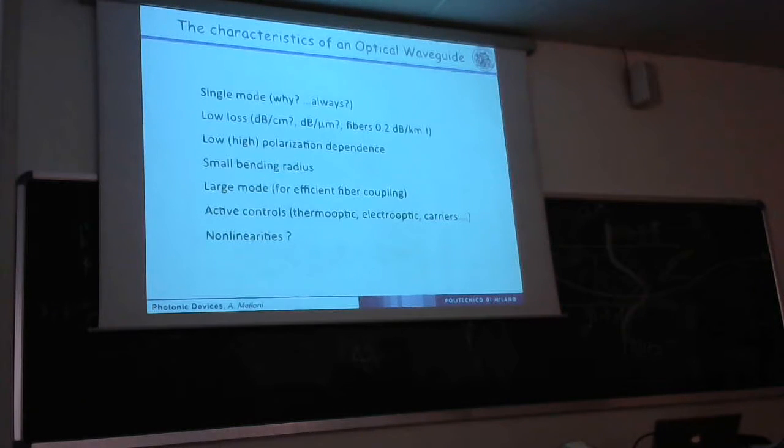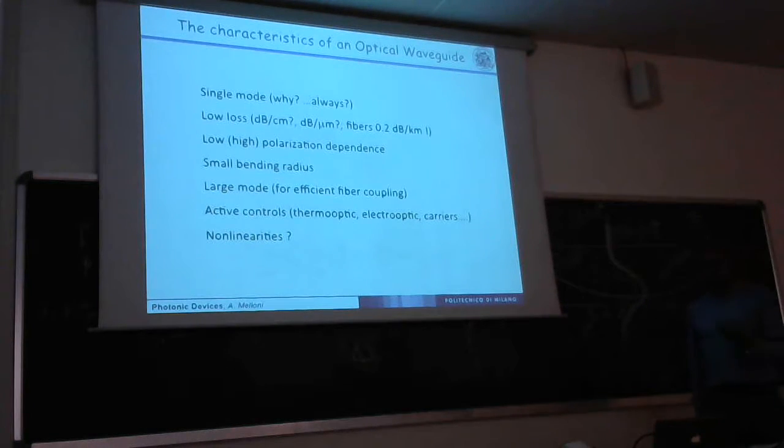So if our devices are centimeters long, you want a small attenuation in the centimeter range. But if we use silicon photonics, our devices are very small, in the micrometer range, so we want a small attenuation at the micrometer scale.